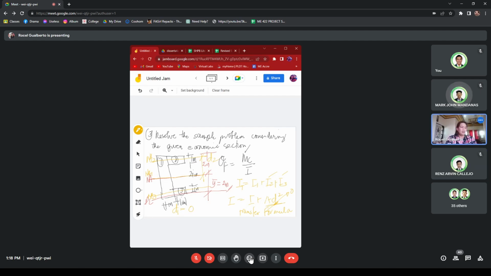Hello? Okay, so try solving muna po this one. You find the value of I total and so as the flexural stress. So we will be utilizing po same value of the maximum moment doon sa last nyo po na solution. Yung C po at dito, we identify here C as yung pong 2 inches.